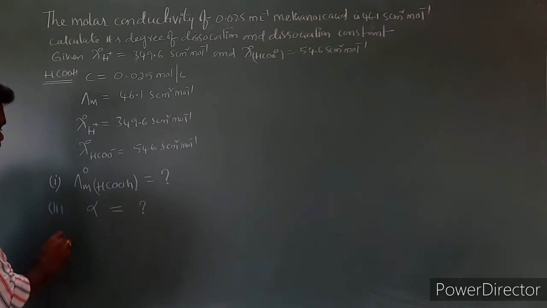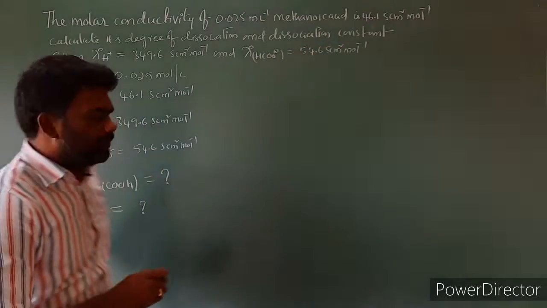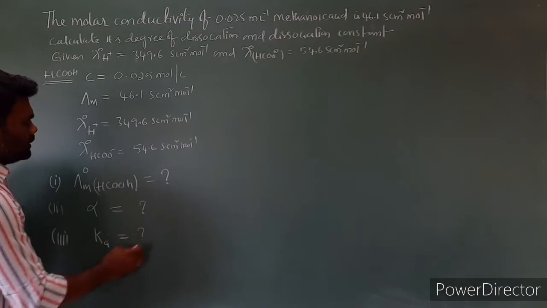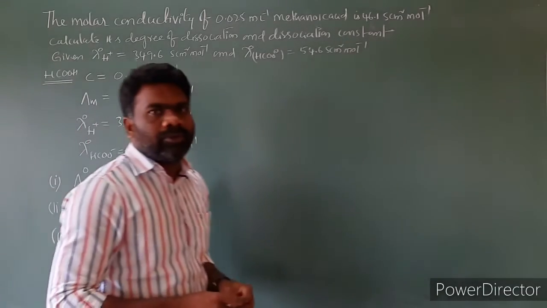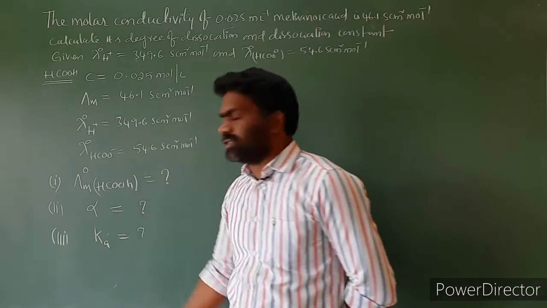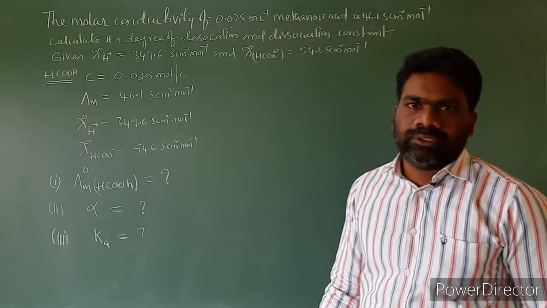And the third question is the dissociation constant of methanoic acid, so we have to calculate the Ka value. So we have to calculate lambda m naught of methanoic acid, degree of dissociation of methanoic acid, and dissociation constant of methanoic acid, Ka value. So these are the three questions we have to solve.